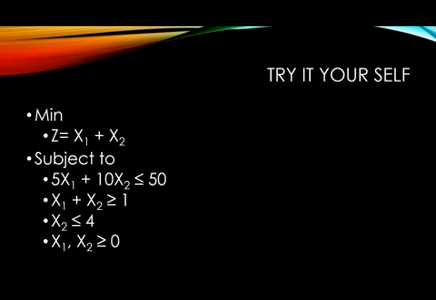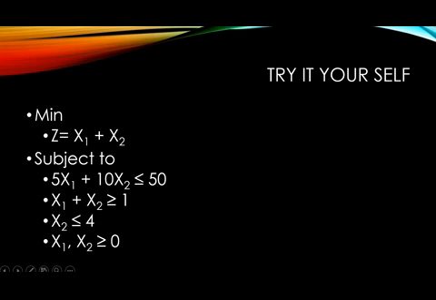Now a problem for you to try out. The problem is minimize z is equal to x1 plus x2 subject to 5x1 plus 10x2 less than equal to 50, x1 plus x2 greater than equal to 1 and x2 less than equal to 4.